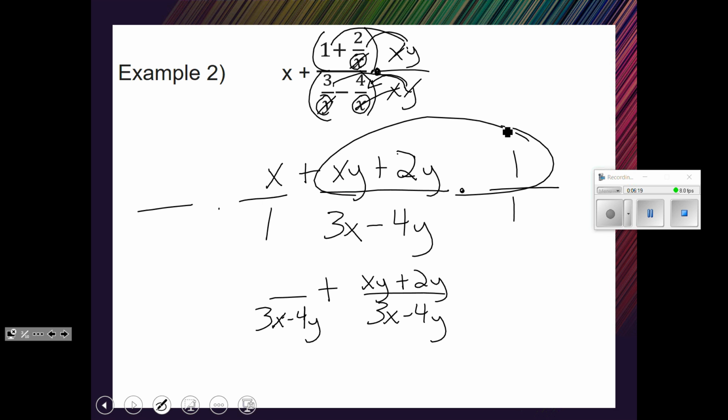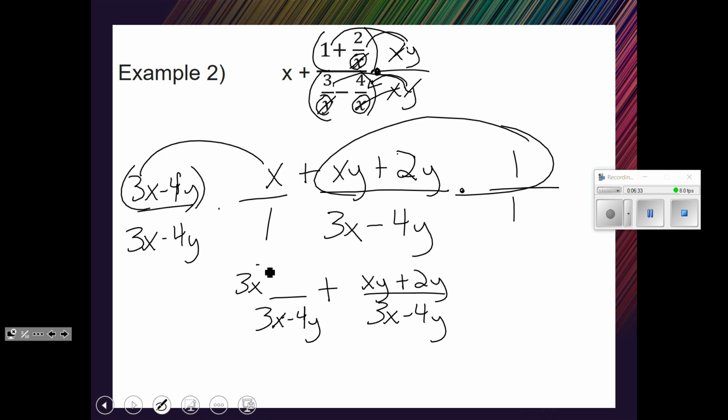But on this side, we're going to have to multiply by 3x minus 4y. So I'm going to distribute, and that's going to make 3x squared minus 4xy. Okay, now we've made common denominators.